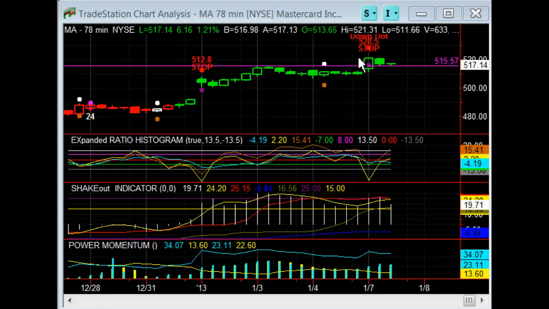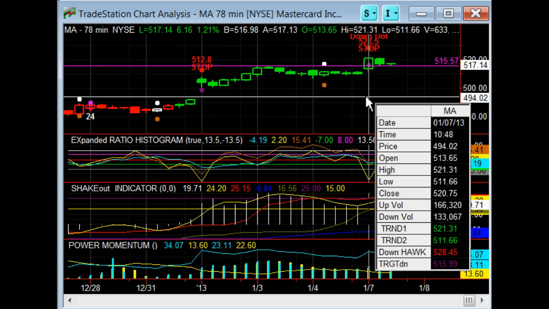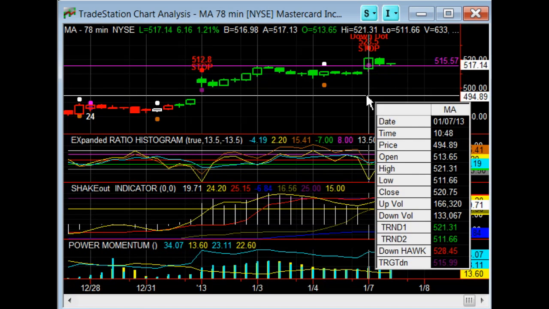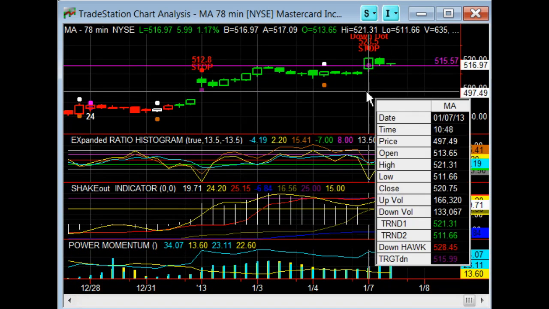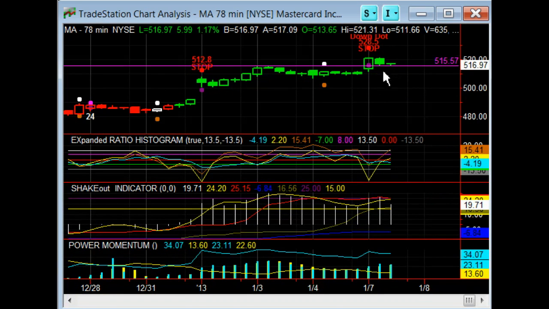The MA short setup was looking for a retrace to 515.99. What was the low right here? 516.15. So it's about $1 away from its overall low.